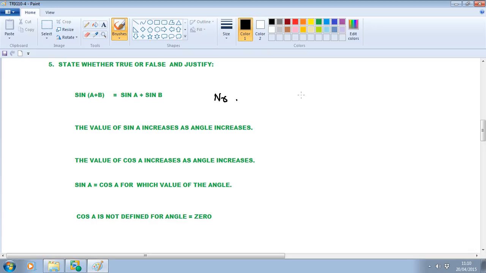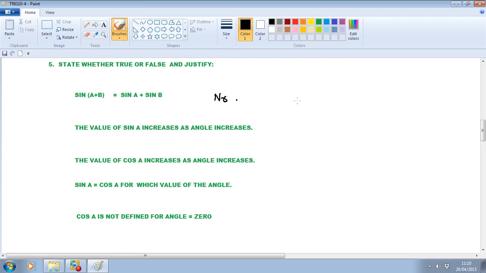So let us take some example. We'll put some value and see whether it agrees. If it doesn't agree, it's not correct. So let us take A as 30 and B also as 30.